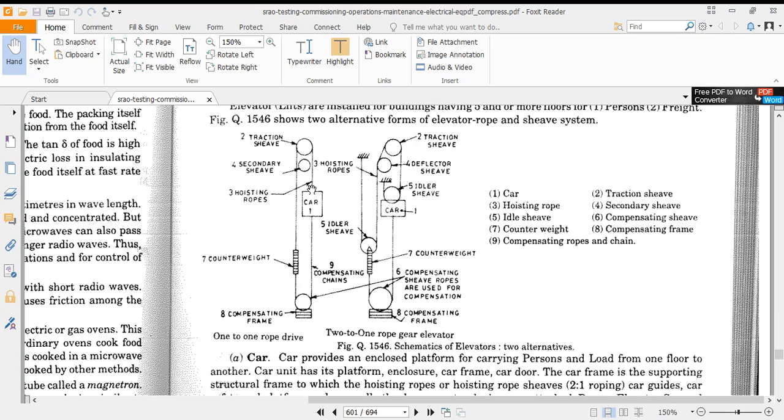Above the car, whatever rope is there, that is called hoisting rope. It is on the head of the car, hoisting rope. And what is below the car? Below the car is called compensating rope or compensating chain. So different names to identify what place is where.